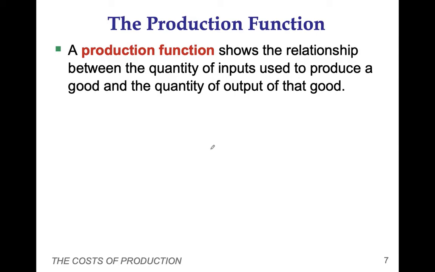Production function. Here we are going to see the production function. I remember we have seen an example about this production function in chapter 1. We said that the production function shows the relationship between the quantity of inputs used to produce a good and the quantity of output of that good.